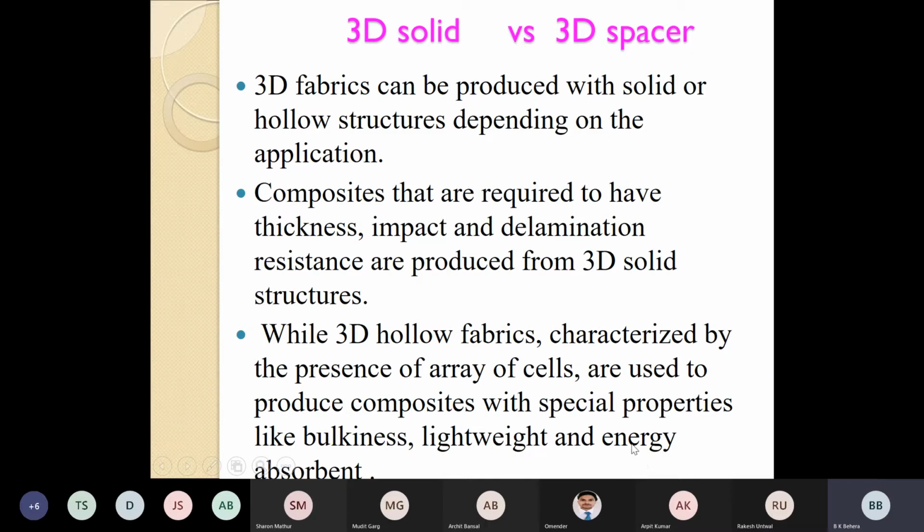Energy absorbent means energy absorption capability to compression and also impact. Since it is hollow, it has enough capacity to absorb energy when the structure undergoes compressive load. This is how 3D solid structures are different from 3D spacer fabrics.